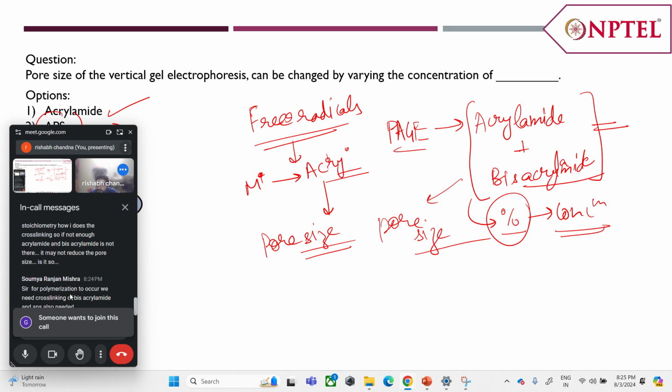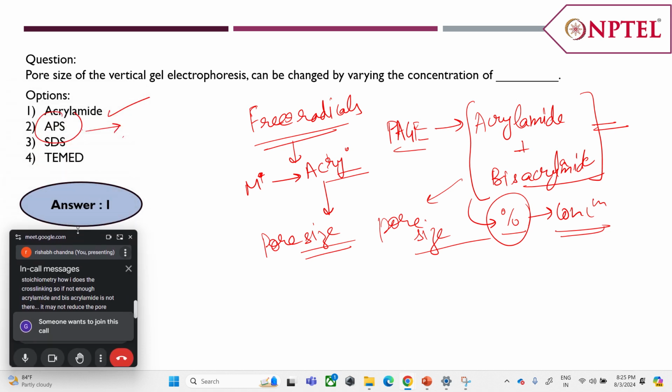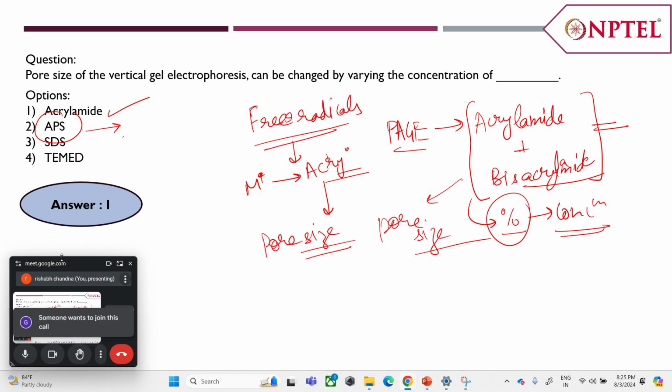So, sir, for polymerization to occur, we need cross-linking of bisacrylamide also. And acrylamide also needed. Yeah, for cross-linking, we need bisacrylamide, but APS is only needed for polymerization, nothing else. So varying the concentration of APS in the solution would not vary the pore size.